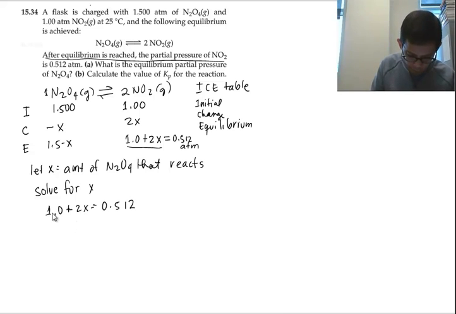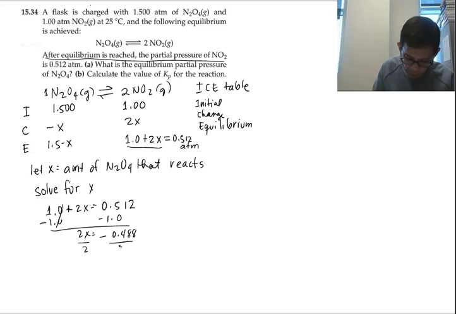Alright, so subtract 1.0 from both sides. 2X is equal to negative 0.488, and divide both sides by 2. X then is equal to negative 0.244. Alright, so now we are ready to answer A.